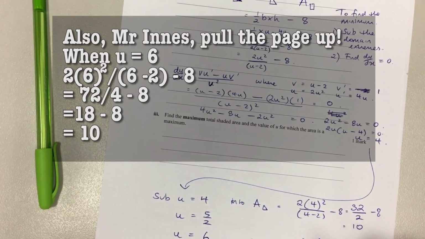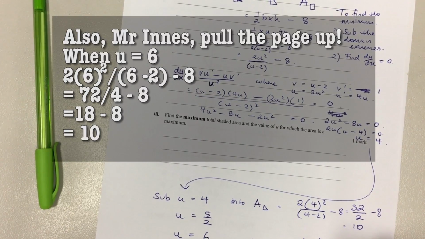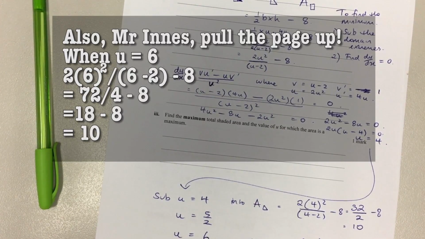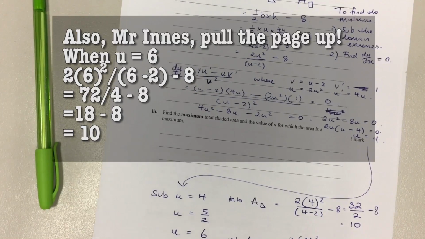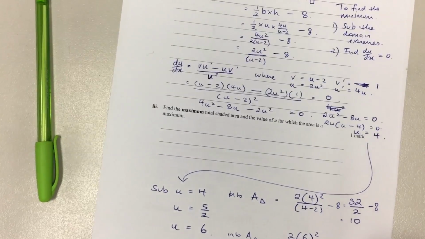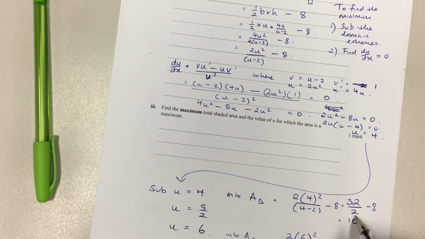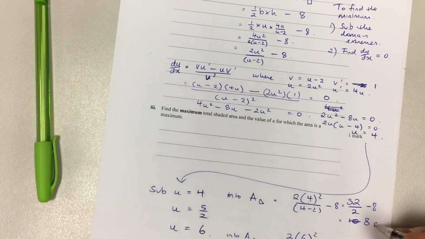So 6 squared is equal to 36, 36 times 2 is equal to 72, over 4, minus 8. 72 divided by 4 is 18, and 18 minus 8 is also equal to 10. What have I done here? 32 divided by 2 is 16, 16 minus 8, that should be 8 square units.